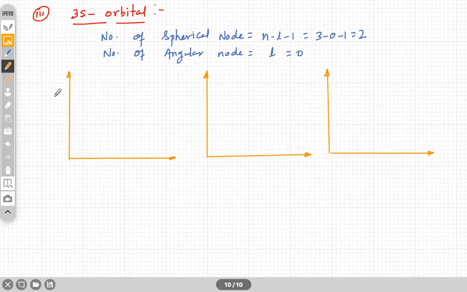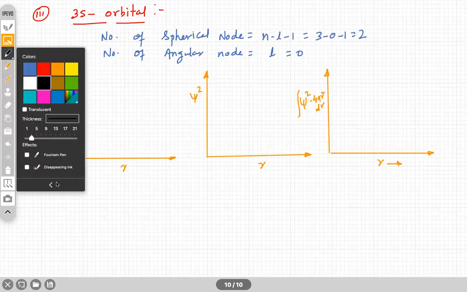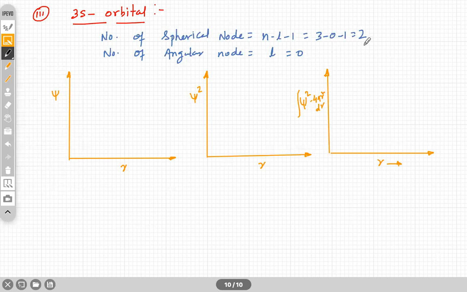Okay, this is psi, and this is r. Psi square, r, and this is psi square 4 pi r square dr against r. See, the number of nodes that you are getting, that many times this graph will cut the x-axis.